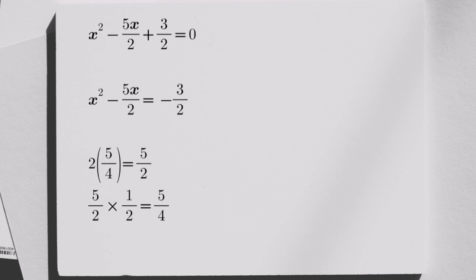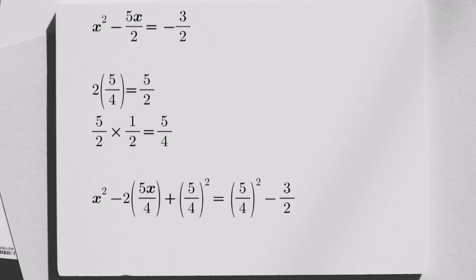Now when we add the square to both sides of the equation, our equation will look like this. We have x squared minus 2 times 5x over 4 plus 5 over 4 raised to the power of 2 equals 5 over 4 raised to the power of 2 minus 3 over 2.